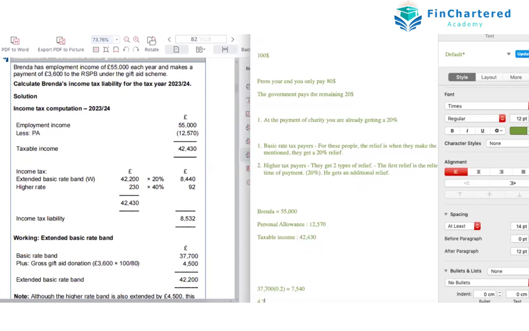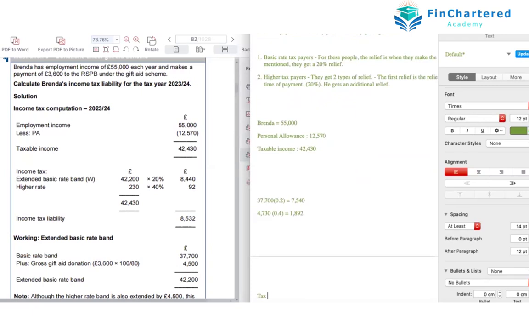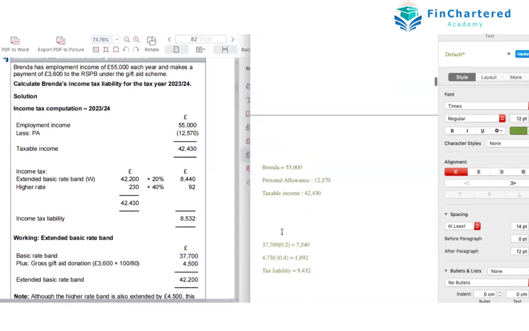You are supposed to pay 40% of that, which is how much? 1,892. So your total tax liability is 7,540 plus 1,892, which should be 9,432. Guys, this is our life basically. But here you are paying a tax of 9,432.